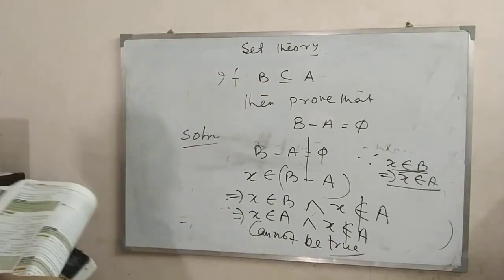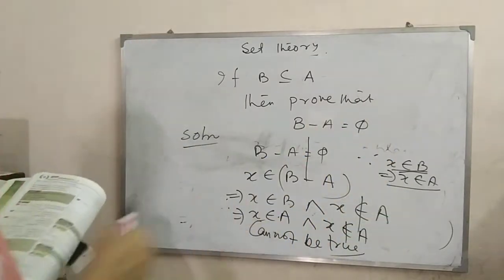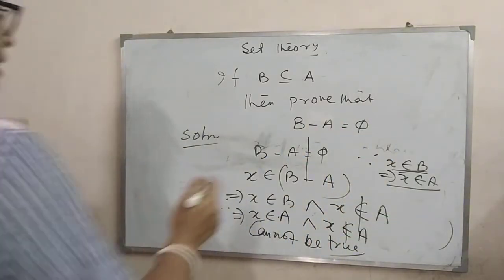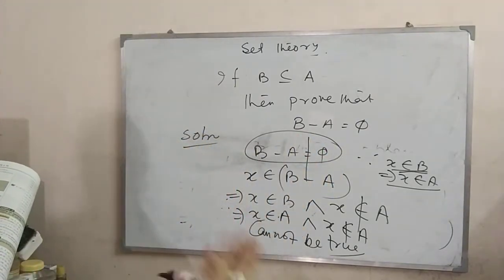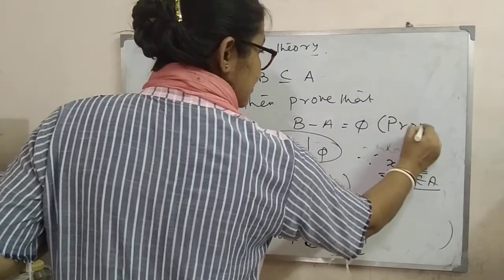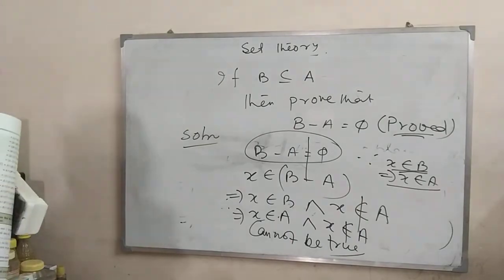It is impossible at a time because X belongs to A and X not belongs to A. So this is our assumption is wrong. So B minus A equal to phi. This is proved. Okay, I am ending here.